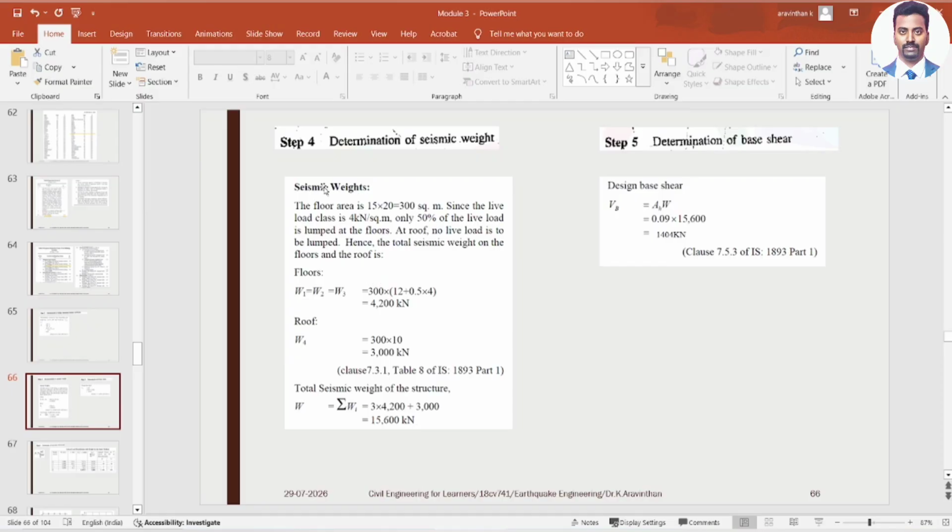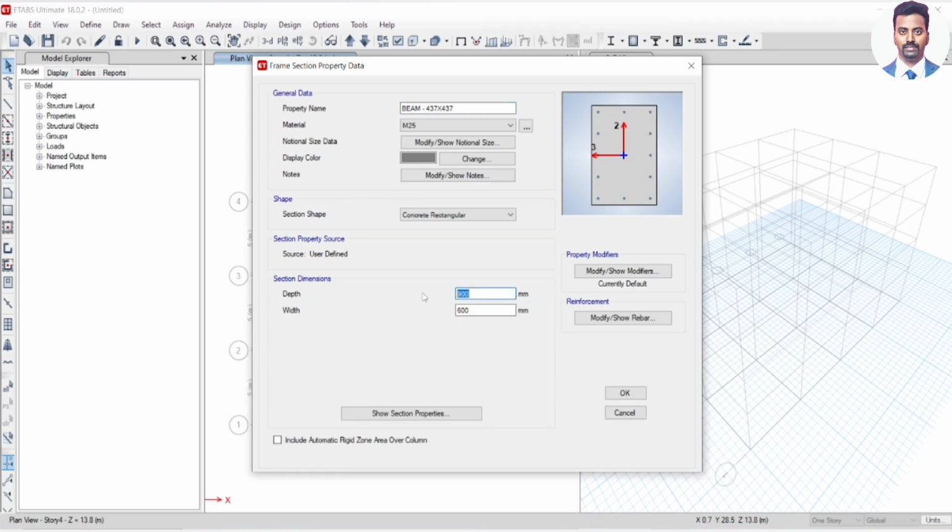And when doing the seismic analysis, it has been mentioned that the floor load is taken as 50 percentage in case of live load, and for the roof no live load is considered. We can provide the depth and width as the same.